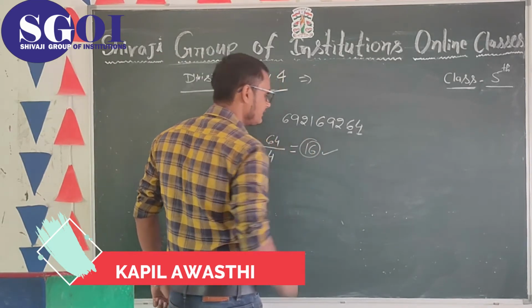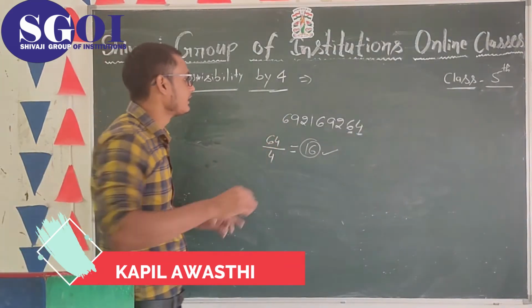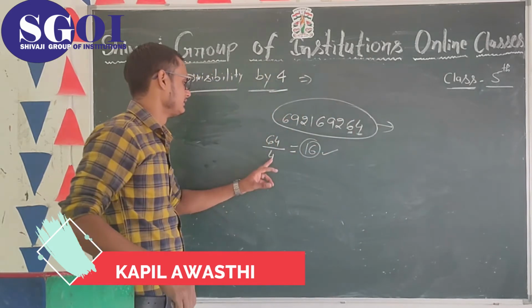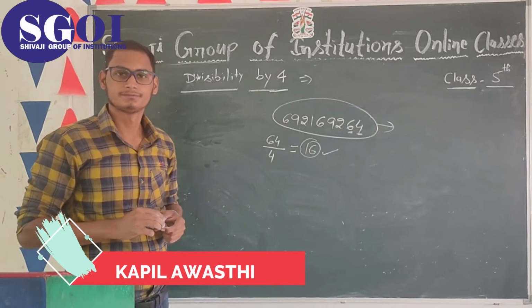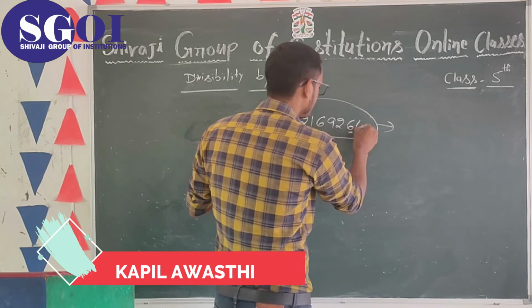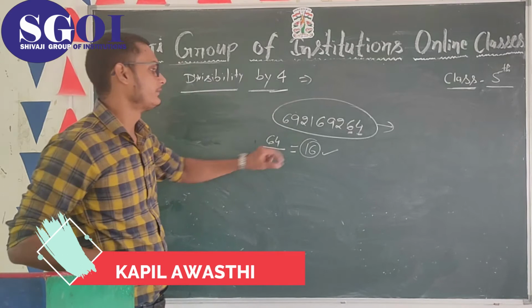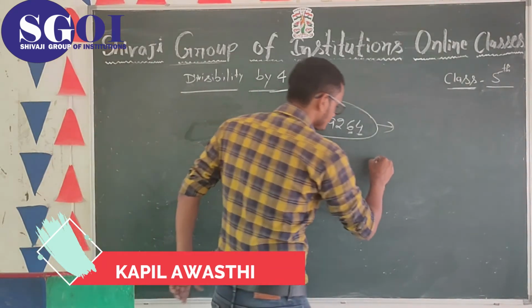Yes, it is. If this number is divisible by 4, then the whole number is divisible by 4. Understood? Any number, if its tens place and ones place number is divisible by 4, then the whole number is divisible by 4. Understood? Next example.